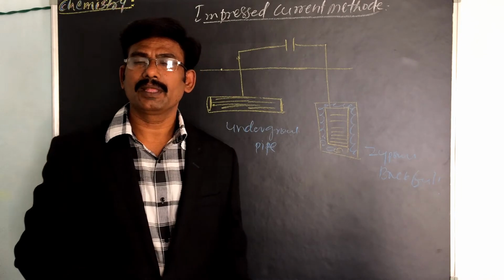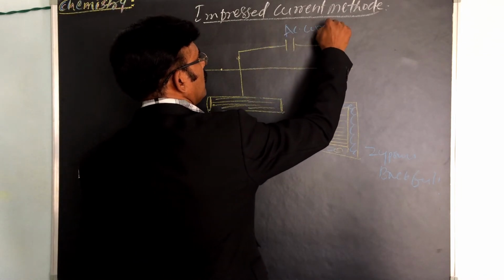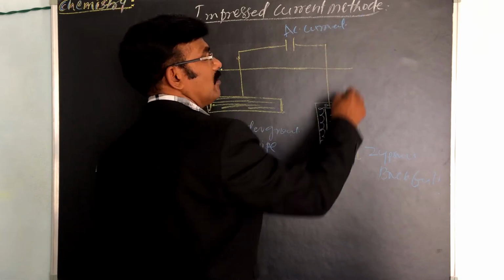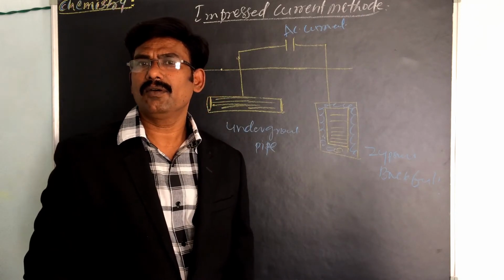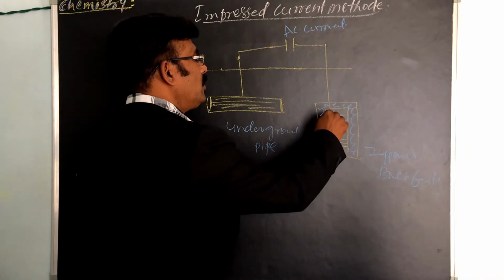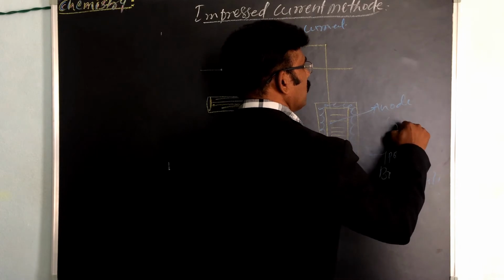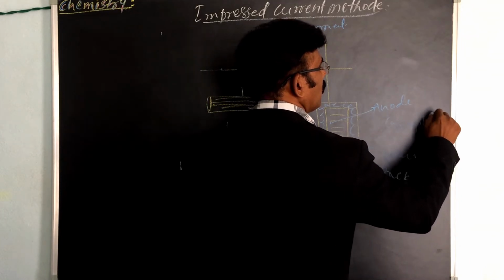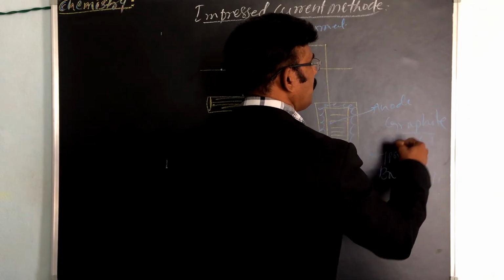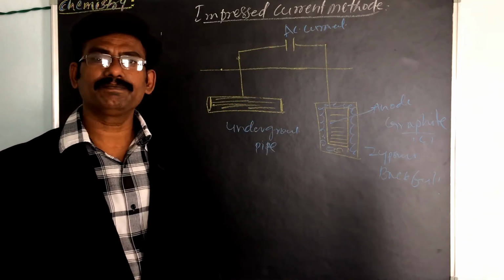This is an AC current. This is an anode, graphite; we can use a simple graphite one. This is the backfill, gypsum.